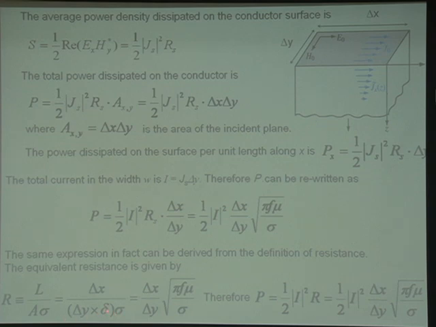So delta y multiplied with delta, the skin depth, and then the conductivity. So you end up having R equal to this. And then you calculate 1/2 I squared R, put this R into this expression, and you end up having the same expression. So this is consistent with your circuit theory. So this is a way to borrow circuit theory to understand this power loss on the surface of a piece of conductor.